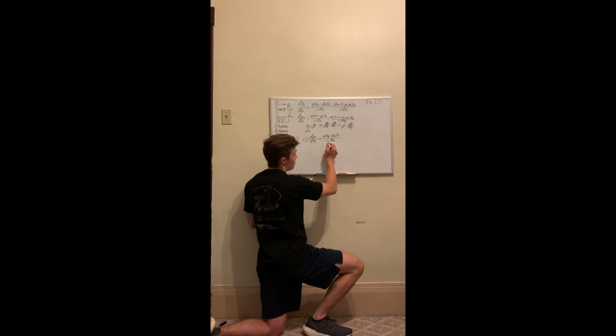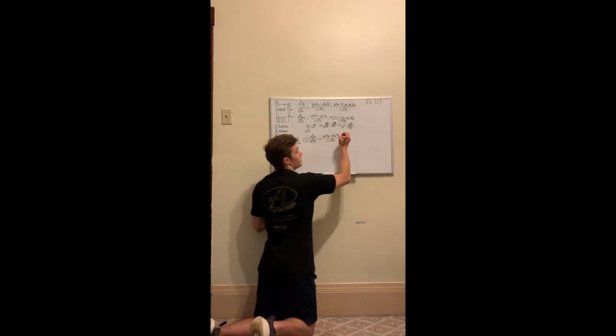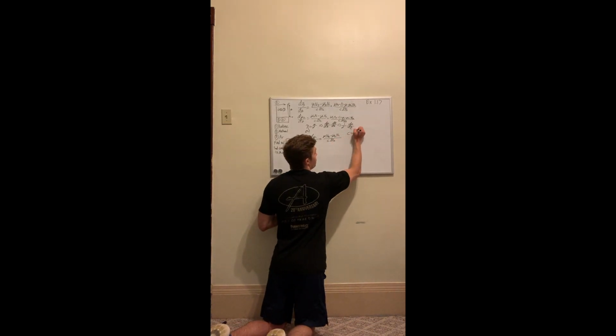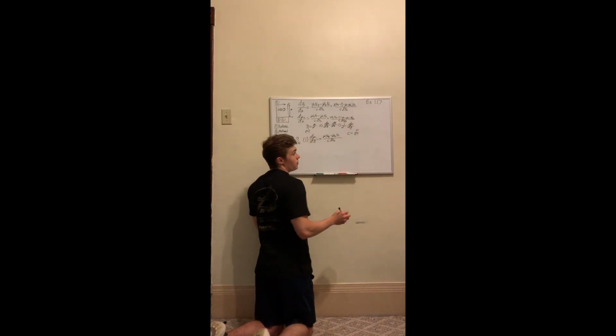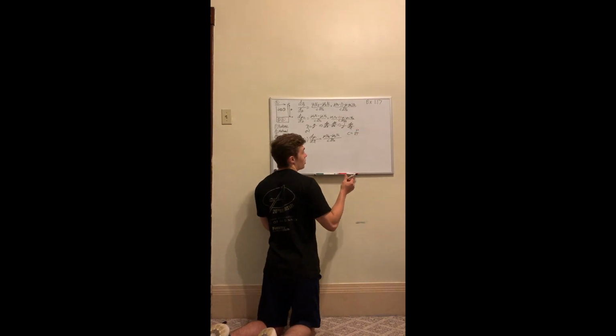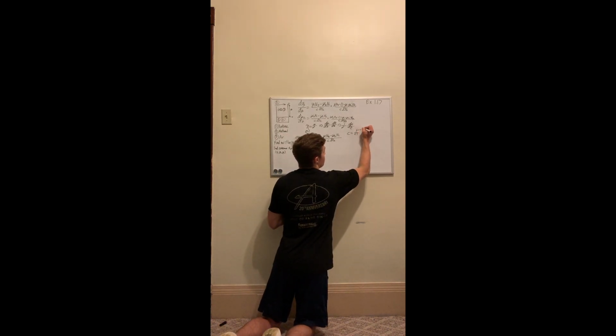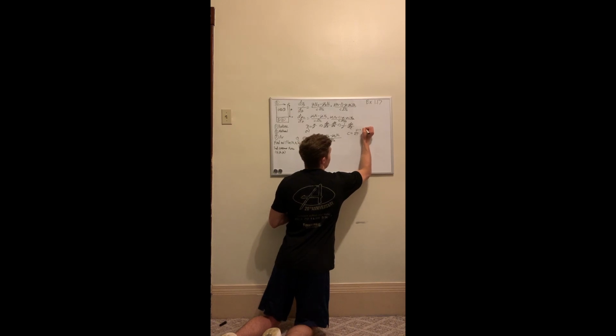So rewriting, we know that concentration is basically going to be equal to P over RT. Our pressure, given to us, is about 10 to the 5th pascals. Our R constant is about 8.